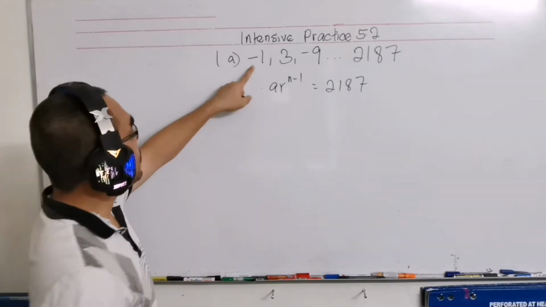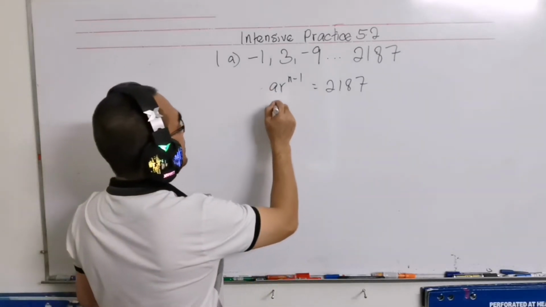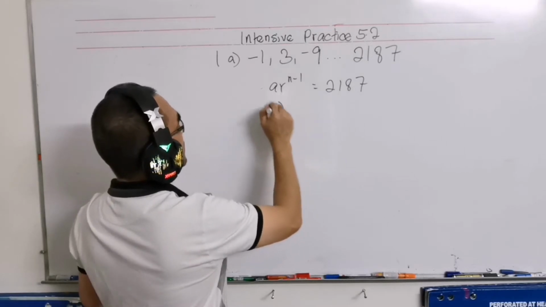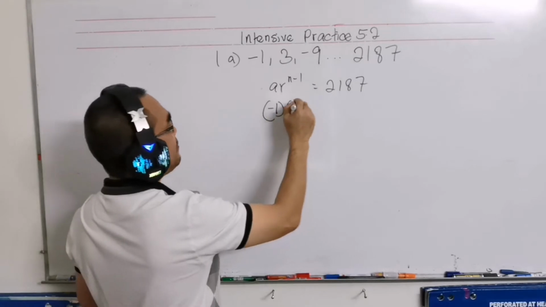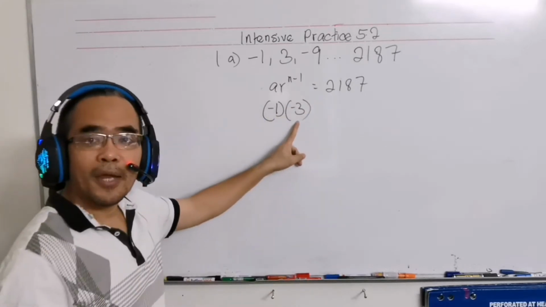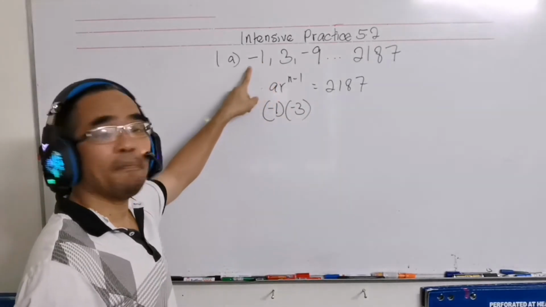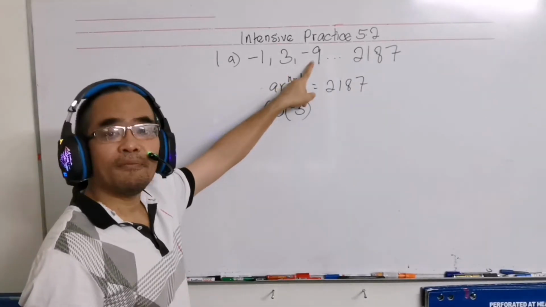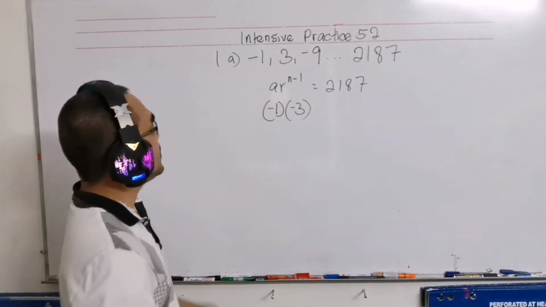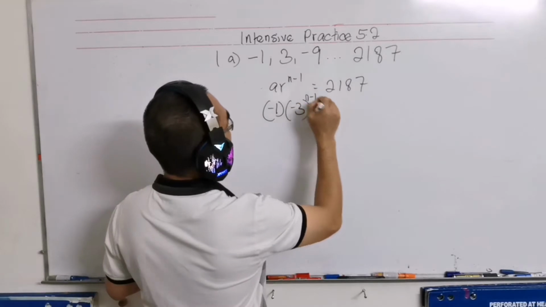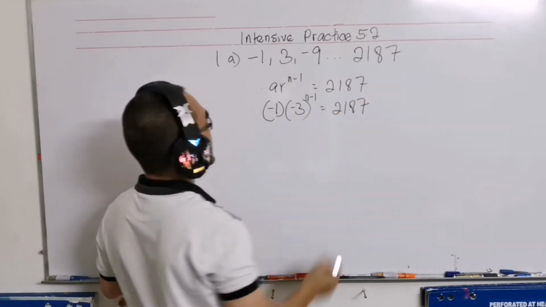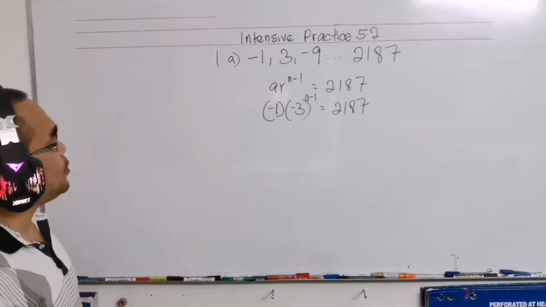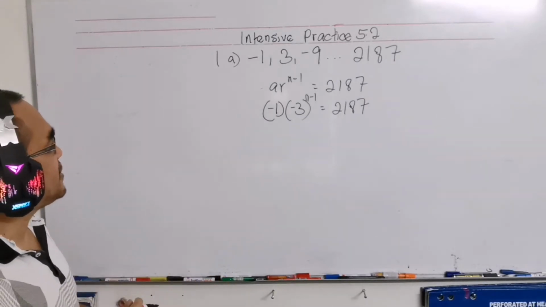Replace a with negative 1, then multiply by r, so r will be negative 3. So I've got the r: 3 divided by negative 1, or negative 9 divided by 3. So ar^(n-1) is equal to 2187.